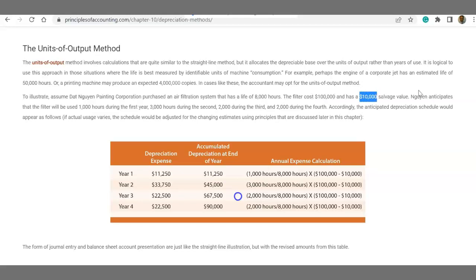So you have all this information, and then 100,000 minus 10,000 salvage value gives you the depreciable base. So cost minus estimated salvage value gives you the depreciable base, which is $90,000.